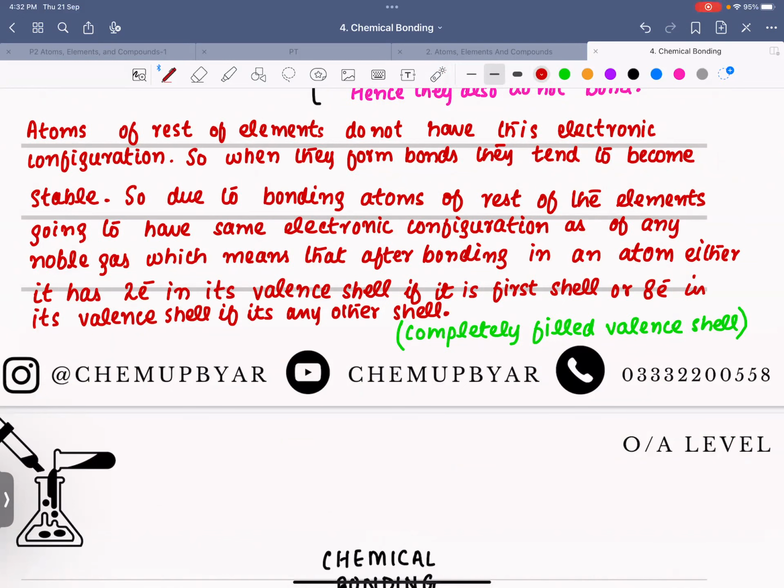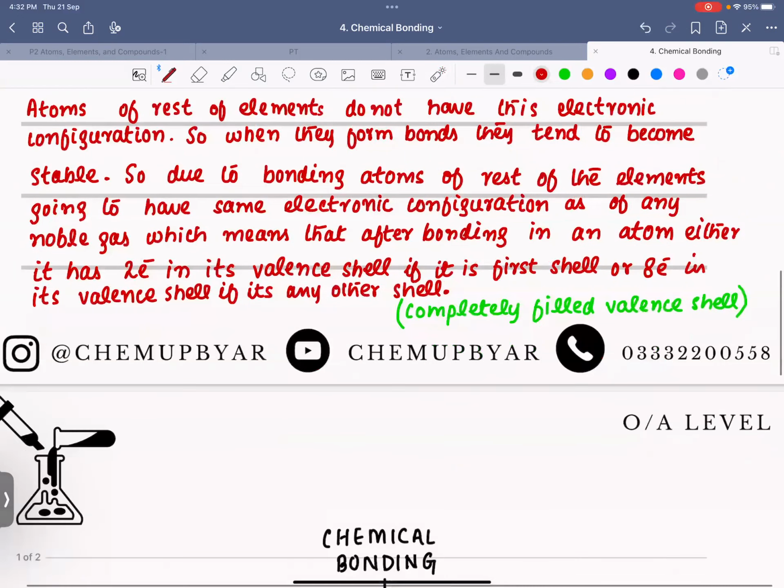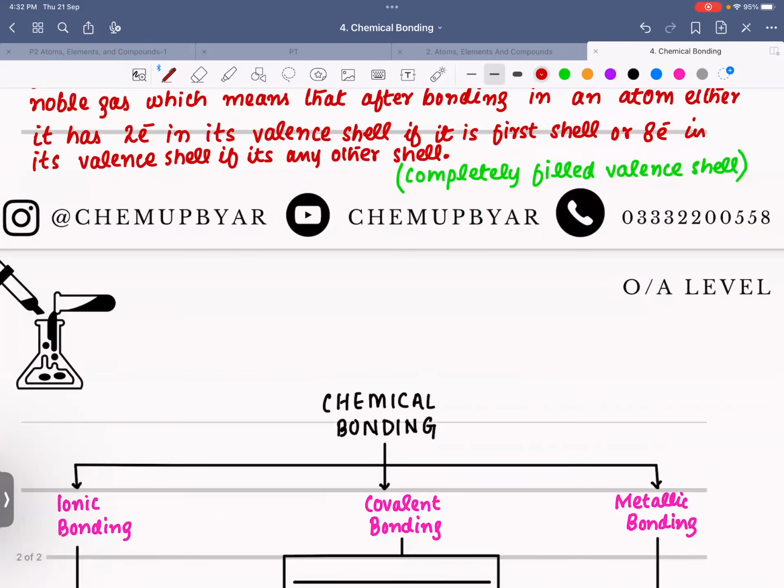Okay, so initially there are three kinds of chemical bonds that these elements form. One is an ionic bond, the other one is a covalent bond, and the third one is a metallic bond.